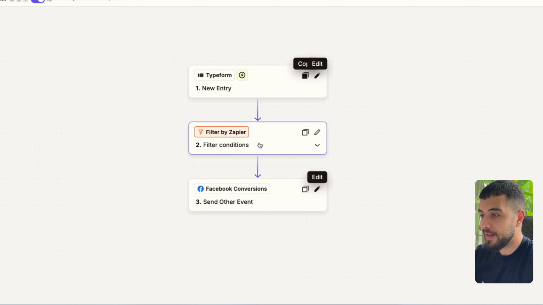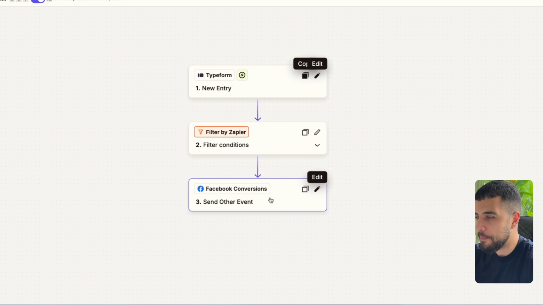Basically, all I'm doing is applying a filter. We have our leads coming through Typeform. Then Zapier filters out the unqualified leads, only keeps the qualified leads, the ones that actually have money to buy from us, and only sends that clean qualified data back to Meta.